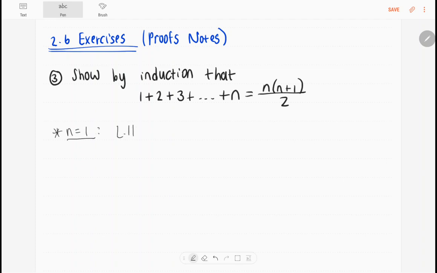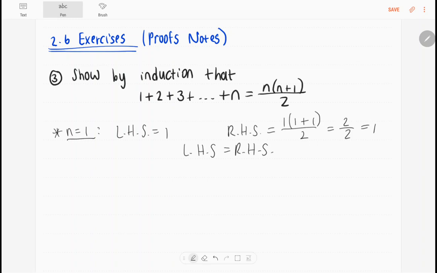So the left-hand side will then simply be equal to 1. The right-hand side will be equal to 1 times (1 + 1) divided by 2, which is 2 divided by 2, which is 1. So our left-hand side equals our right-hand side, and it therefore indeed does hold when n equals 1.